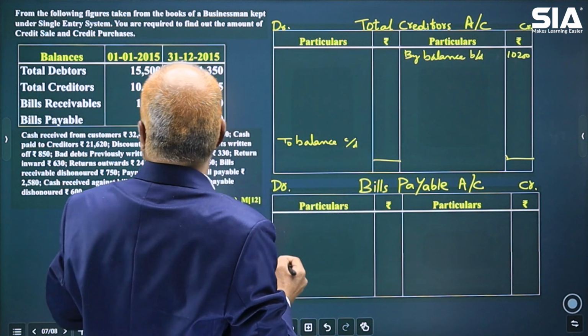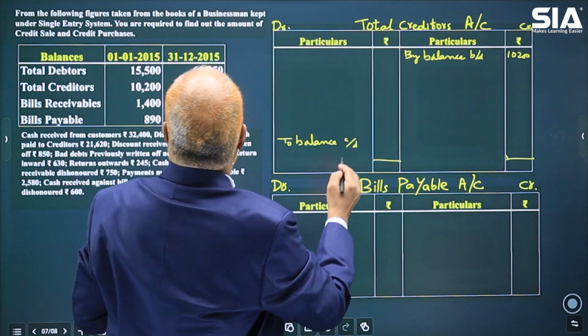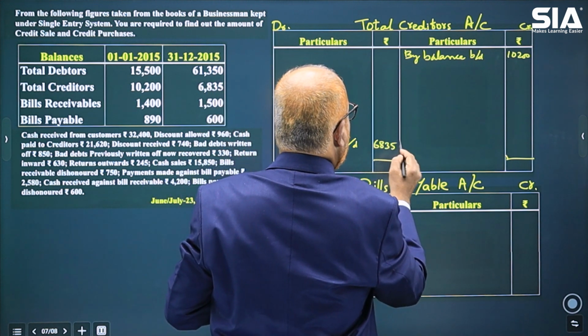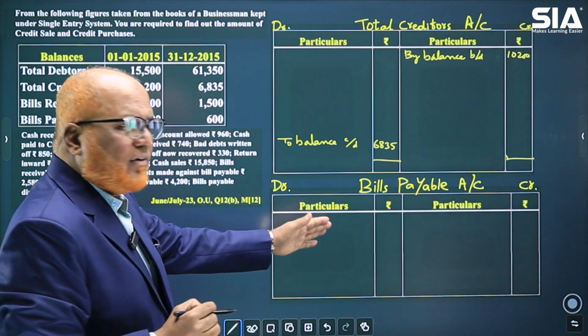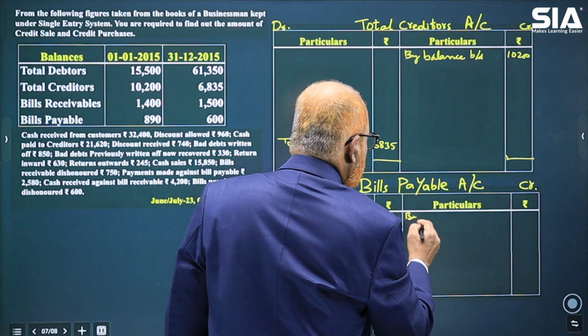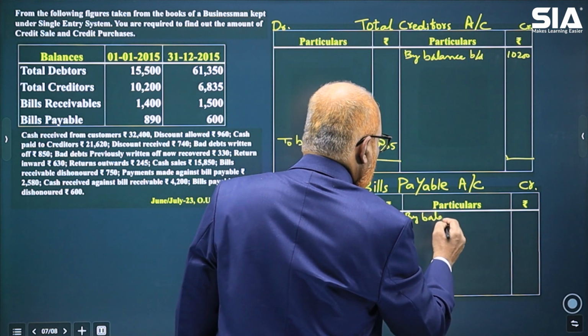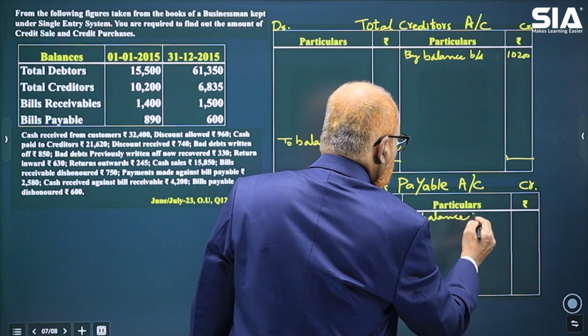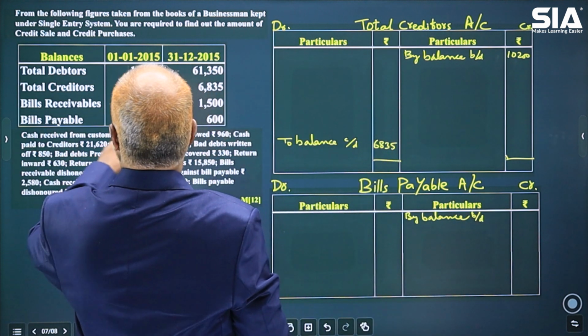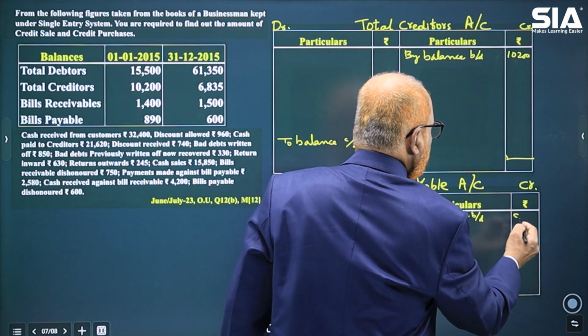Opening balance on the credit side. So closing balance we will take on the debit side, to balance carried down. How much is the closing balance of creditors? 6,835. Right? Similarly, we take opening and closing balance of bills payable. By balance brought down, how much is the opening balance? 890.